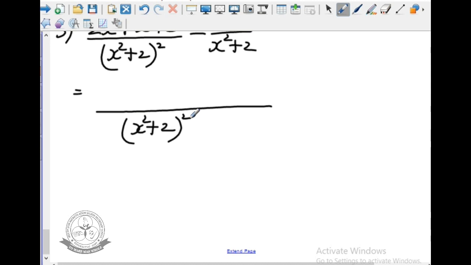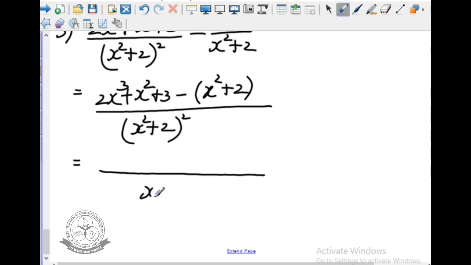So the numerator will become 2x cube plus x squared plus 3 minus 1 into x squared plus 2. Here there is only x squared plus 1 power, whereas in the LCM x squared plus 2 whole square is there, so one power is missing. So you write that one, x squared plus 2. Now bring the minus sign inside the bracket.